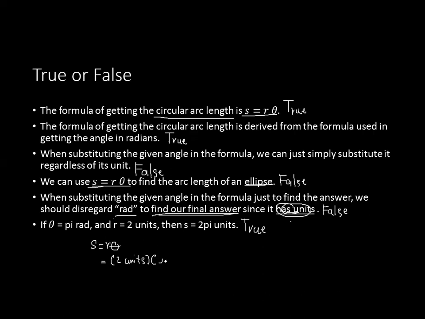So we have pi radians. Again, as I said earlier, we can just disregard radian to find our final answer because it is unitless. So we can just have 2 units times pi. So you will have 2 pi units. So the answer here is true.